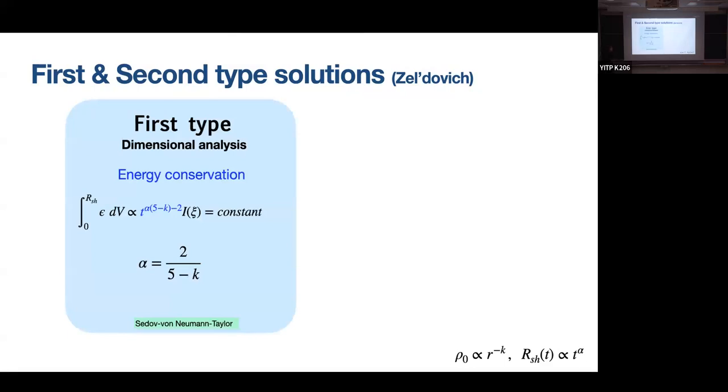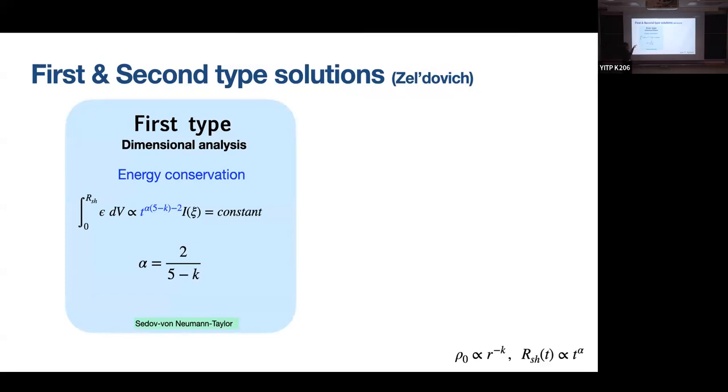So this problem of a strong explosion can in general exhibit two types of self-similarity that were classified originally by Zeldovich. So I will just demonstrate the classification that was done by Zeldovich originally. The most common and most simple type of self-similarity is called first type self-similarity.